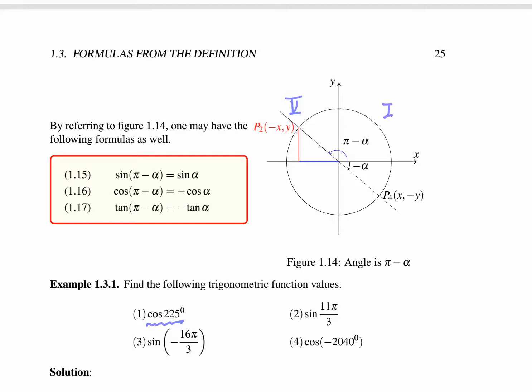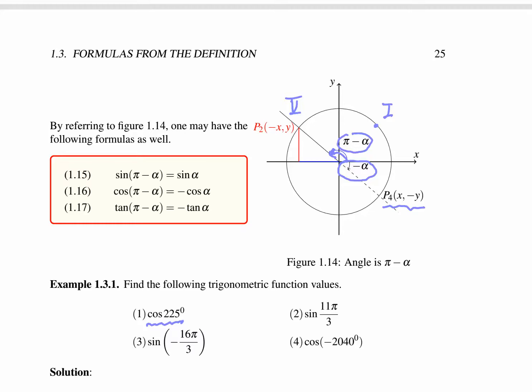We use quadrant 4 because we have a negative alpha plus pi, and then this angle will go to quadrant 2. So basically, what we want to study is between 1 and 2.